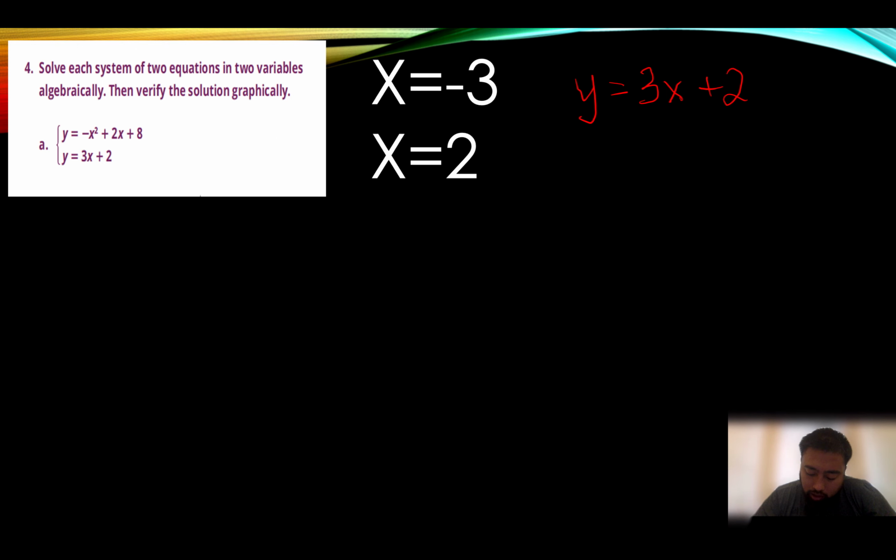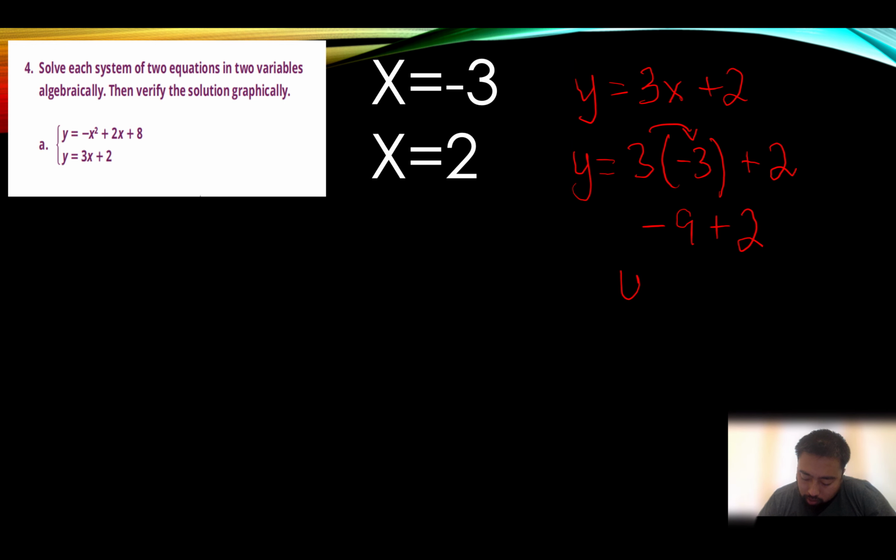So the first one we're going to do y equals 3 times negative 3, plus 2. Okay, we're going to multiply that. Negative 9 plus 2, y is equal to negative 7. So when x is negative 3, y is negative 7.